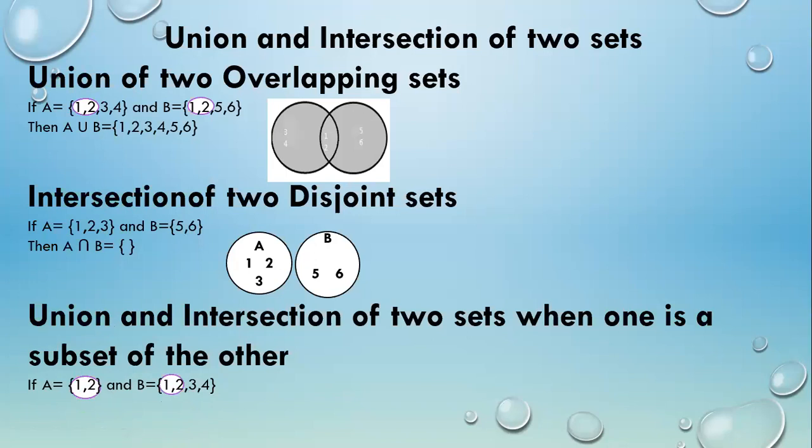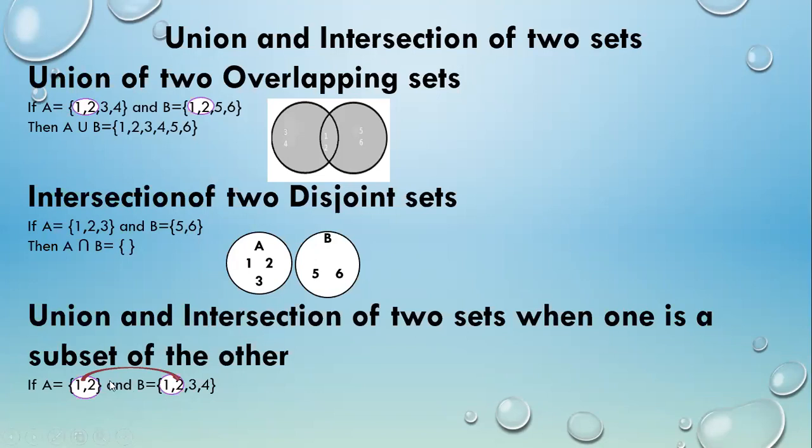That means A is completely a part of set B. A is a subset. What kind of subset, proper or improper? Yes, A is a proper subset of set B, and B is a proper superset of set A.